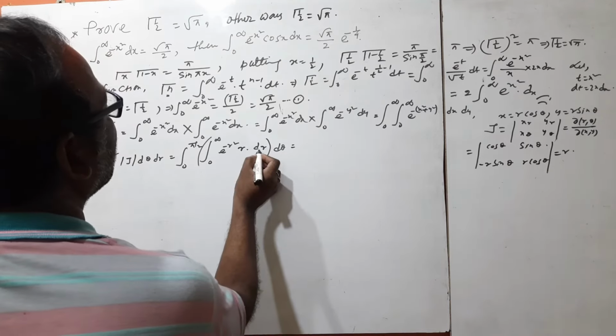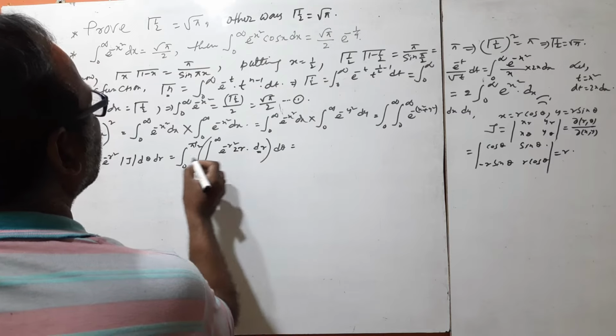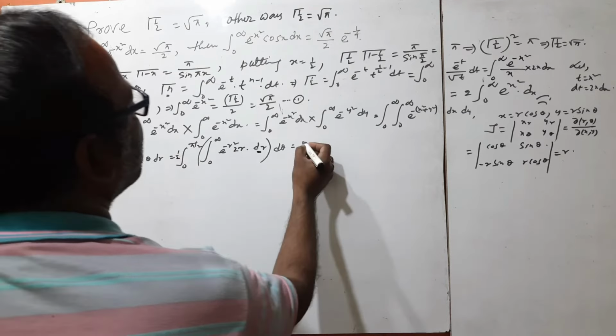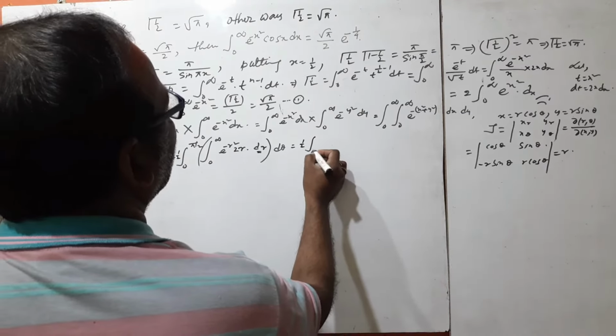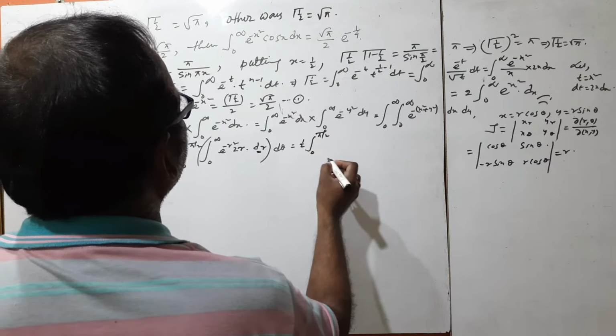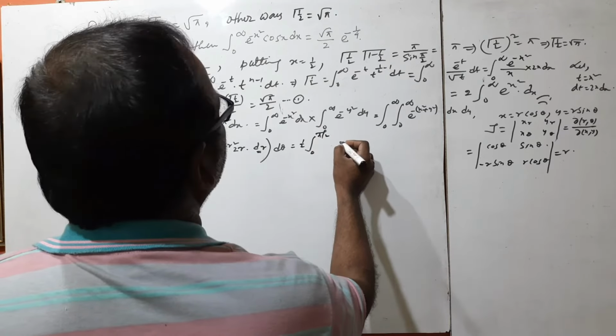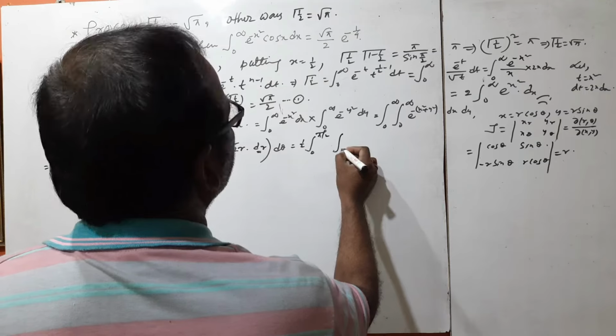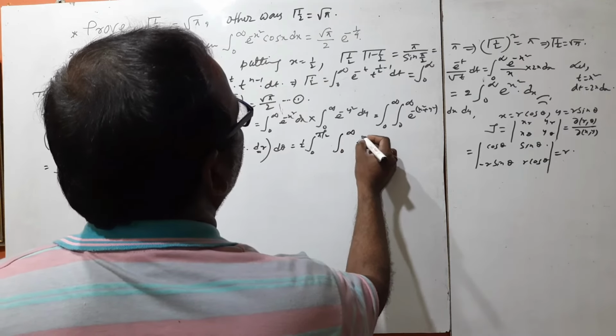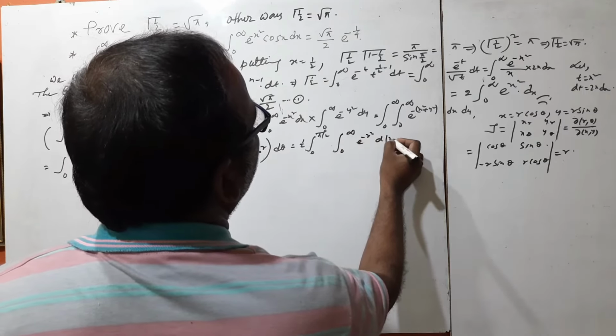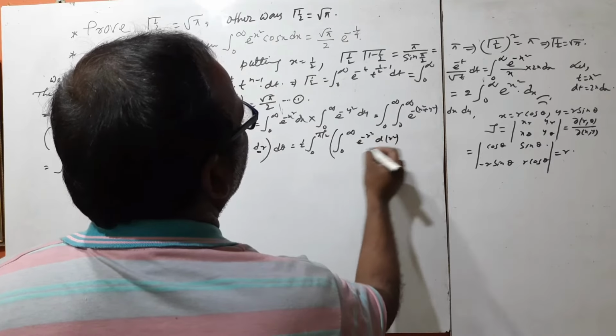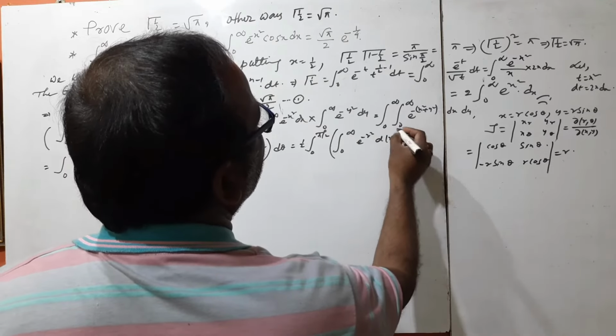This is the derivative of r square, which is 2r, so we can write here half. So half, integral 0 to pi by 2, and the integration from 0 to infinity of e to the power minus r square, d of r square, and the whole is d theta.